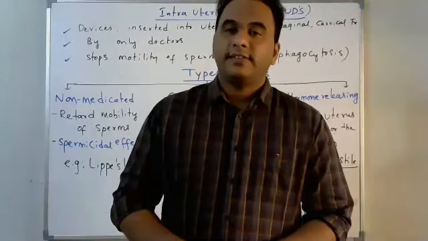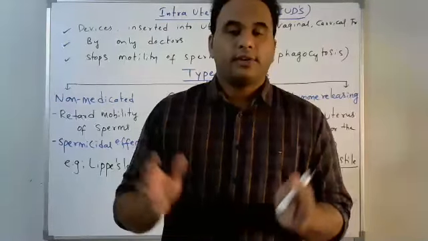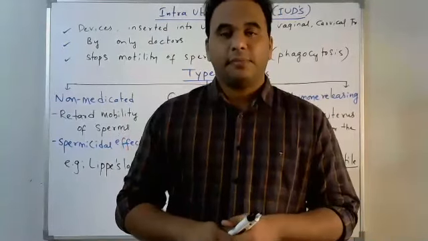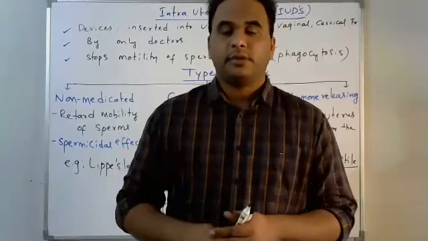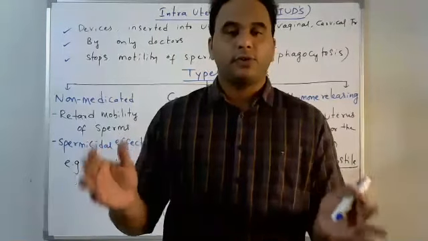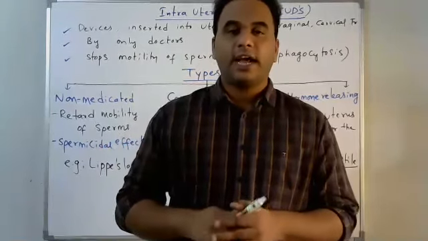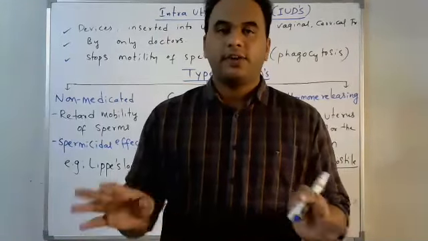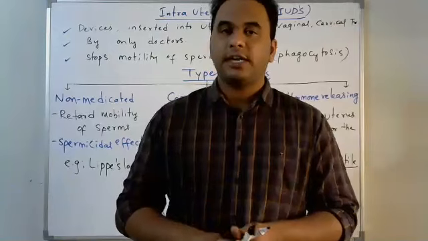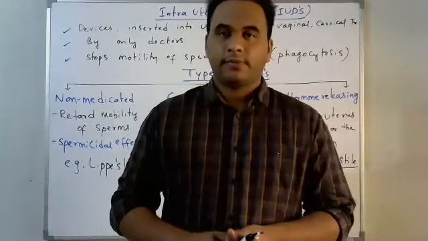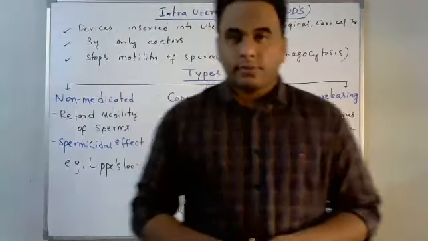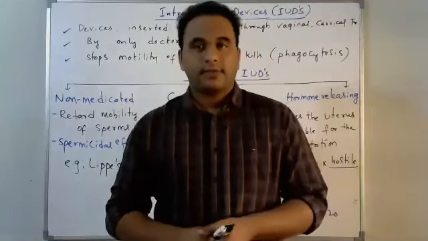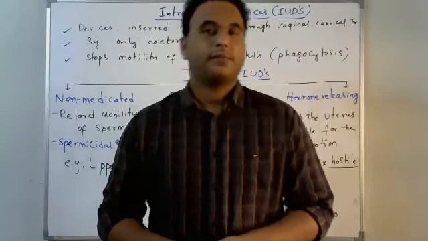Definitely, these IUDs will be for a specific time, at least for 1 month, 2 months, 3 months. It will have some effect up to a particular time duration. Up to that, no fertilization and implantation can happen. After it is removed, the effect will remain for some period of time.